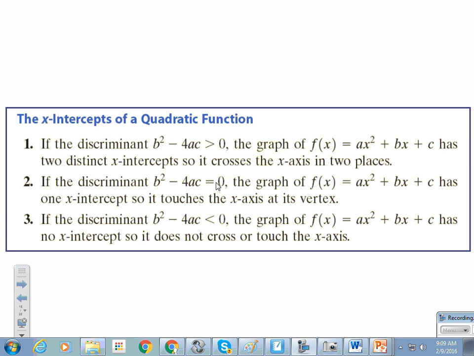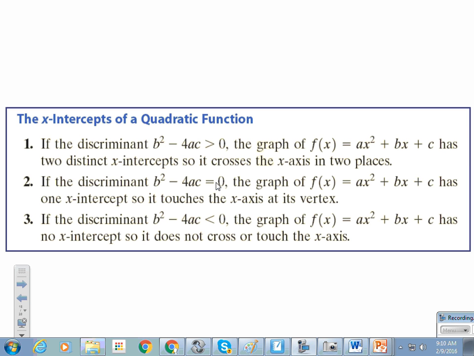And if our discriminant is less than 0, our graph maybe opens up, but our vertex is above the x-axis, so it never touches the x-axis, and we have no x-intercepts.